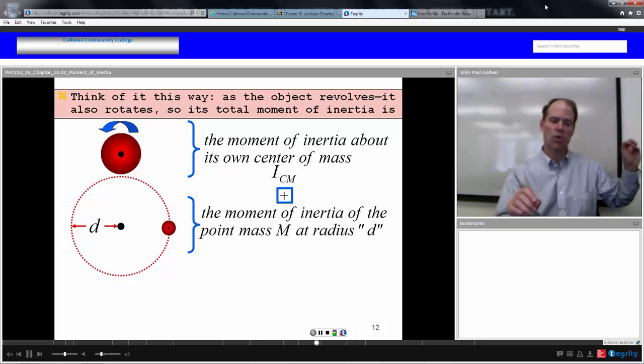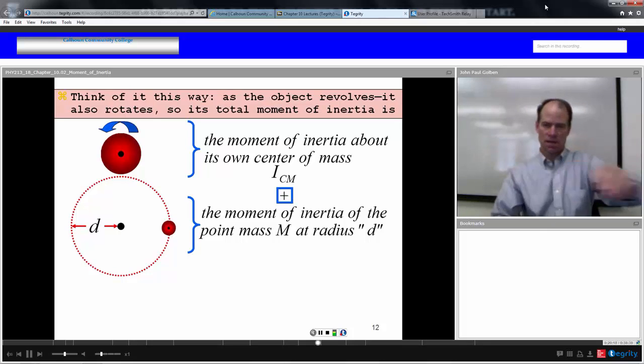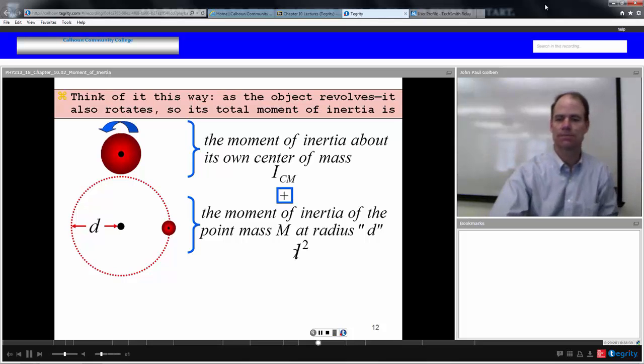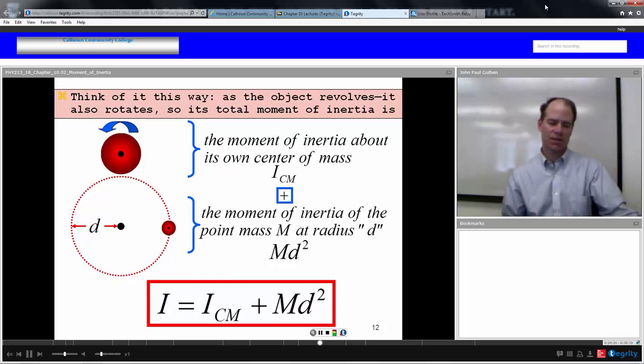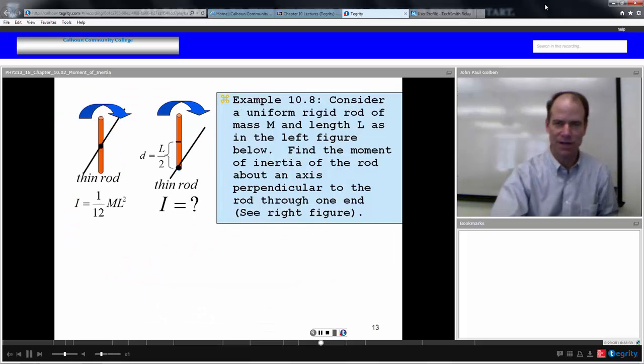So there's more moment of inertia associated with it as a planet going around the sun. So the moment of inertia by the parallel axis theorem is the moment of inertia about the center of mass plus md squared.